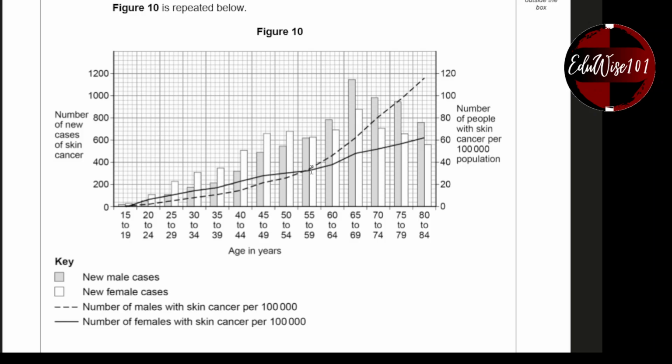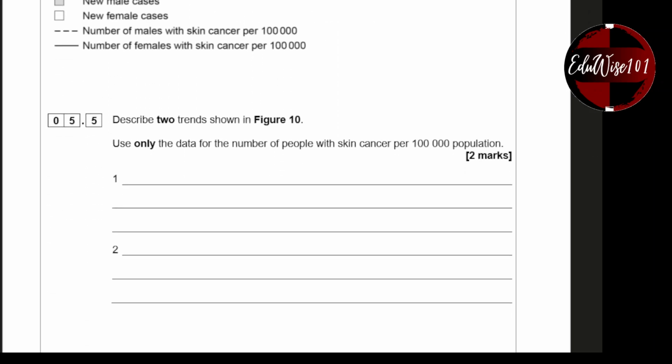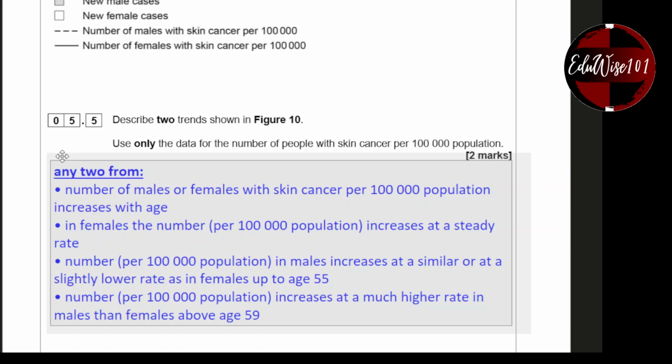But after 55, the number of men with skin cancer is shooting up really fast, but females continue at the same trend, at the same rate. If I was to draw a straight line, it's nearly a straight line, whereas here you can see a sharp increase in men's cases. So the number of males or females with skin cancer per 100,000 population increases with age.